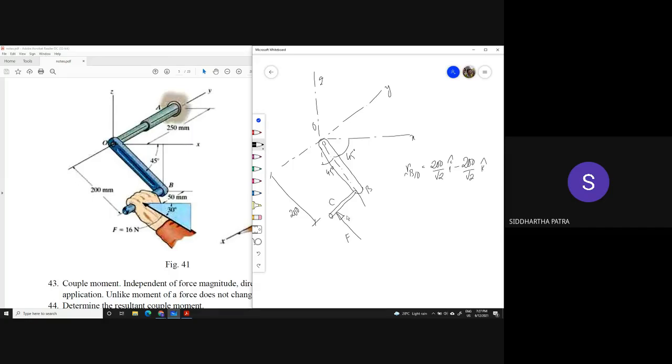Okay, now to go from B to C, you need to move parallel to the y-axis, parallel to the negative part of the y-axis. So I can now try to find out R_CO, and that would be R_BO plus or minus 50 j k.